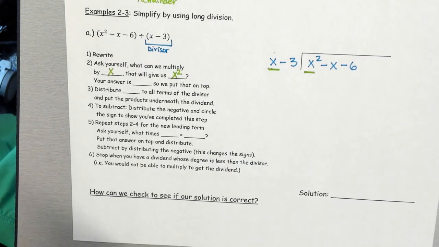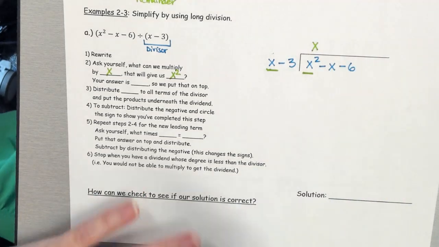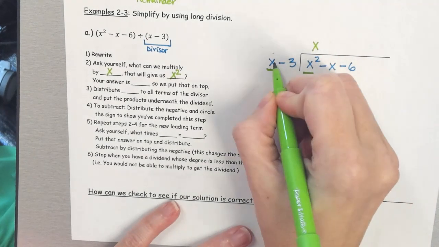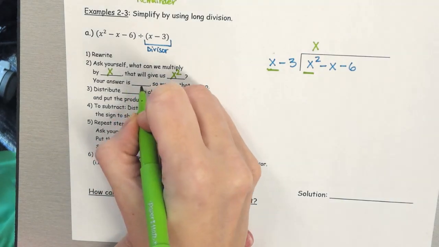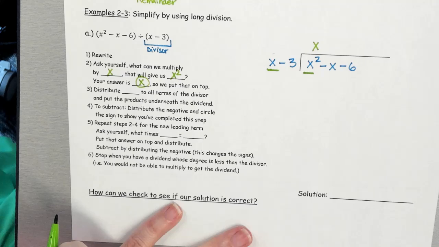It is x. So just like we did before, remember how we multiplied the 3 by the 3 to get the 9? Okay, this time we have to multiply the x by the x. Okay, and this was our answer. So our answer is x, so we put that on top.